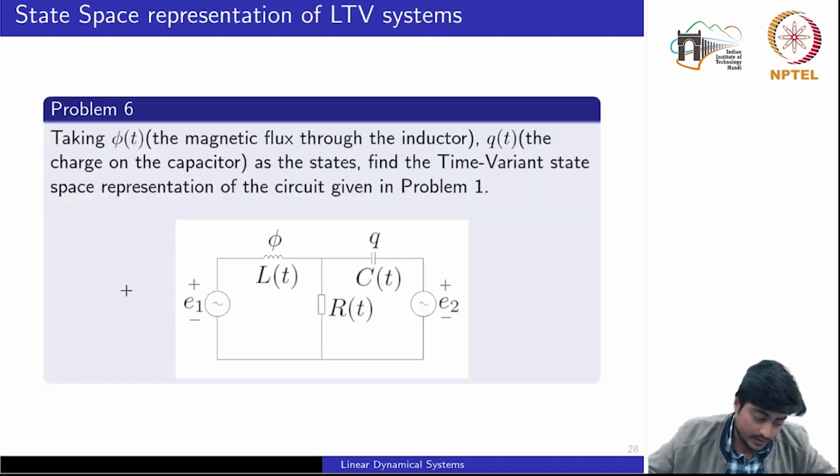Now problem 6 also deals with the state space representation of a similar circuit, but here we have chosen different state variables. In problem 5, the state variables were the current flowing through the inductor and the voltage developed across the capacitor.